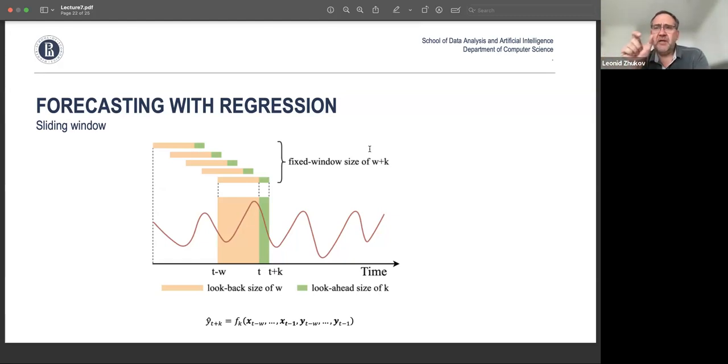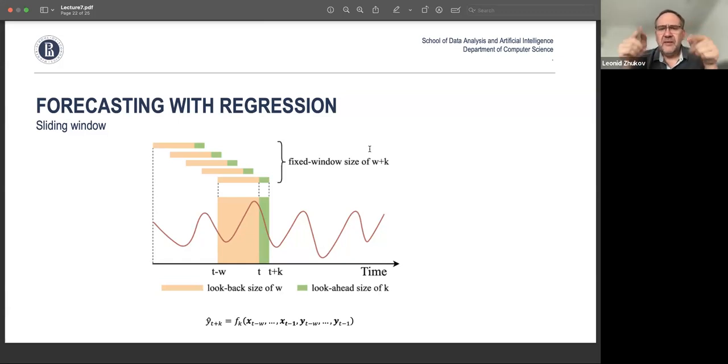So an additional parameter will be how far you slide the window. You can potentially do it one time step or several time steps. You have the look-ahead window, how many steps ahead you want to predict the value. You have a look-back window, where you pick up your values of both the signal and all your parameters.